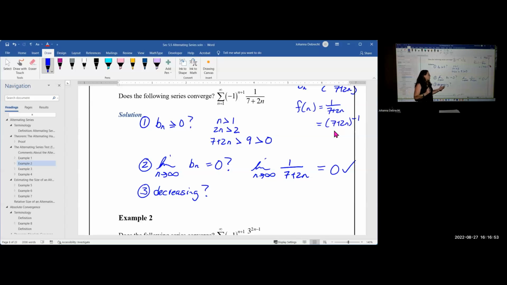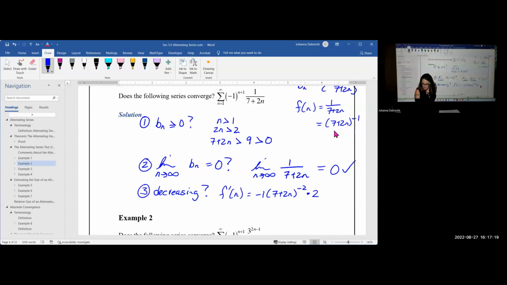So when I apply the power rule, and I'm looking for f prime of n, I get negative 1 times the parentheses raised to the negative 2 power, decreasing the power by 1. And then I have to apply the chain rule and multiply by the derivative of the inside function, 7 plus 2n. So I get a 2.